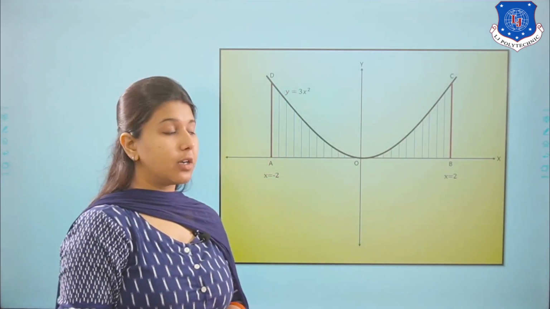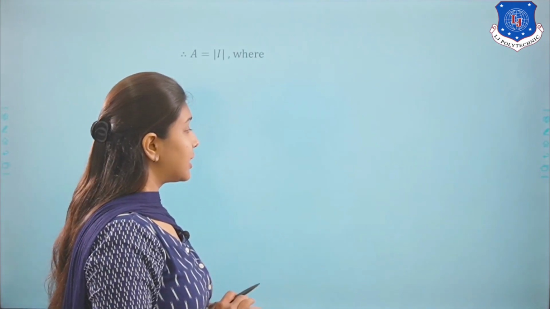For that, we can use our formula, that is A is equals to modulus of I. You can denote area as capital A. Here we take modulus of I because your area should always be positive.